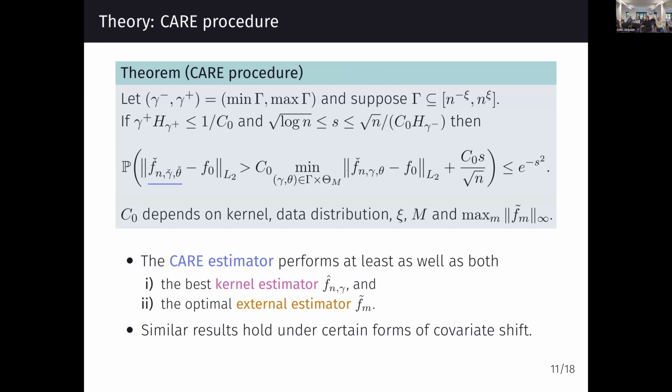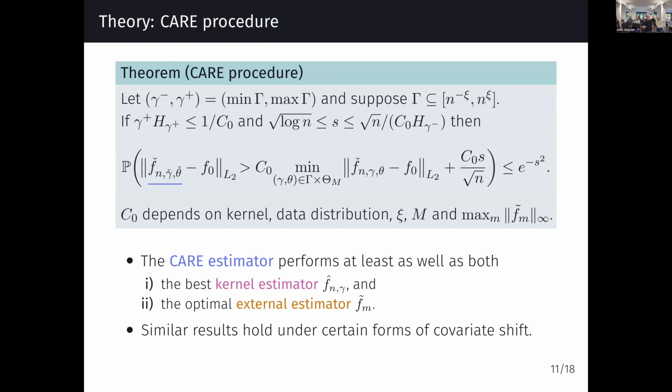And then for some range of this parameter s, which controls the sub-Gaussian behavior of this random variable, we show that the L2 error of our cross-validated CARE procedure, with the data-driven choices of gamma and theta, is only some constant times 1/√n away from the best choice of the tuning parameters.